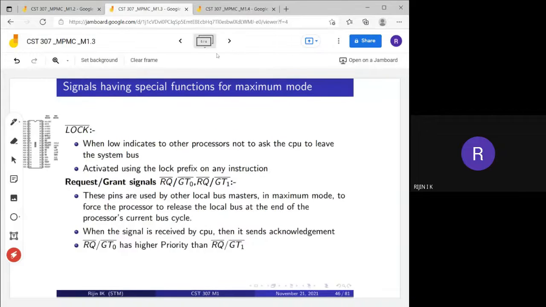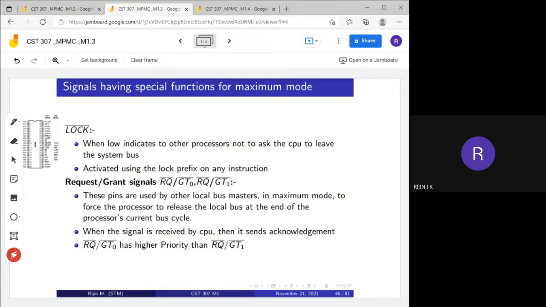Then next one is the lock signal. Actually, it is an active low signal. That is why it is mentioned here as a bar, lock bar. When the lock signal is low, it indicates to the other processors not to ask the CPU to leave the system bus.